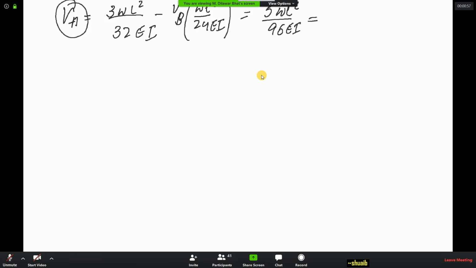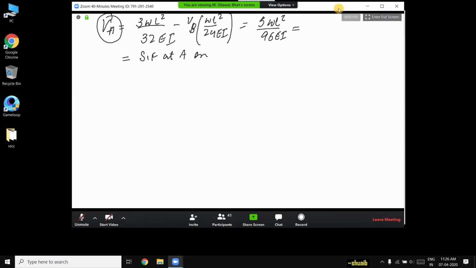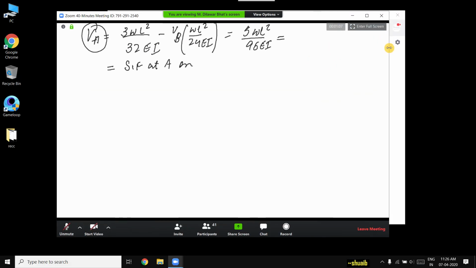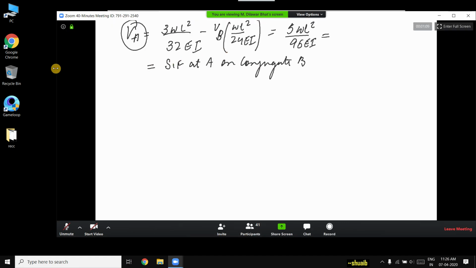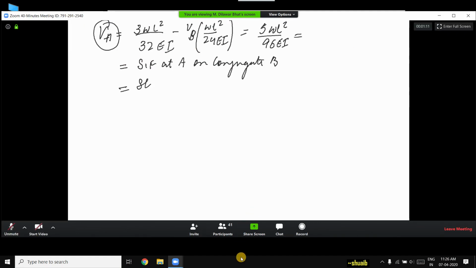This is the reaction at point A, and also it is equal to the shear force at A on the conjugate beam. And it is also equal to the slope at A on the real beam.